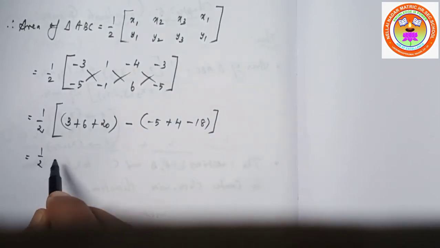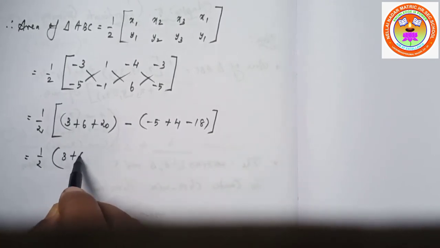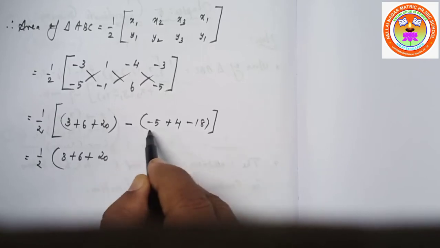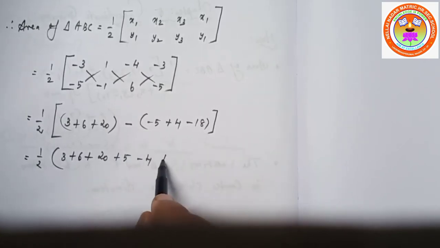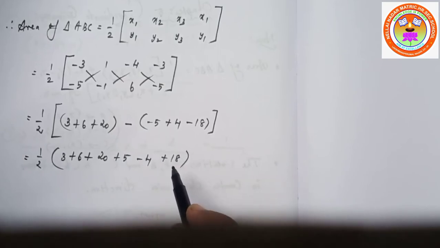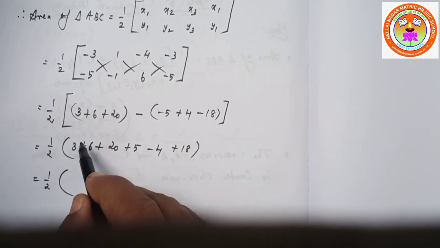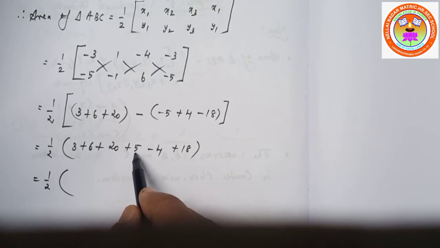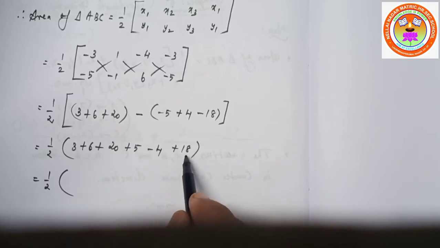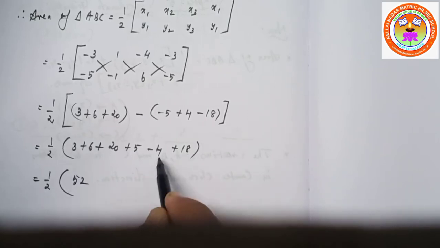Equals half into, write all the numbers. 3 plus 6 plus 20. Minus into minus plus 5. Minus into 4, minus 4. Minus into minus plus 18. That is equal to half into 3 plus 6, 9, 9 plus 20, 29, 29 plus 5 is 34, 34 plus 18 is 52, minus 4.